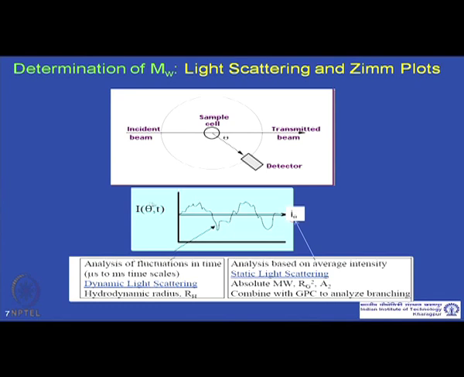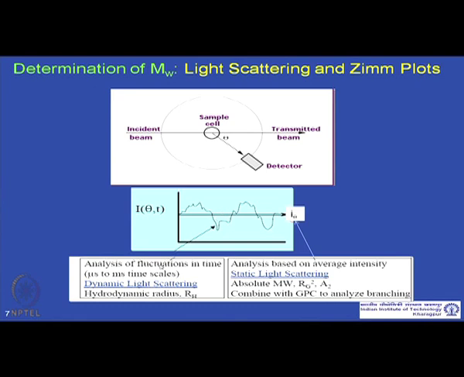Now, this intensity of the scattered light can fluctuate with time, on a very short time scale, like microseconds to milliseconds. Then you have a fluctuation in the scattering intensity detected by the detector.